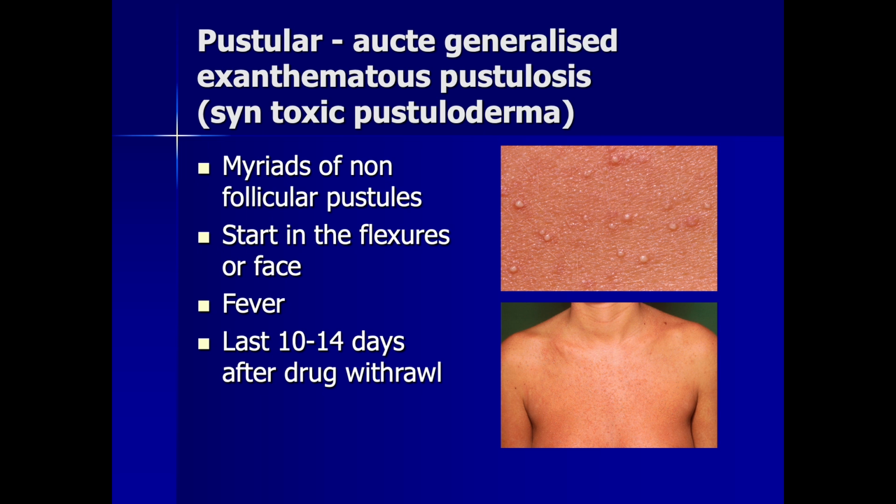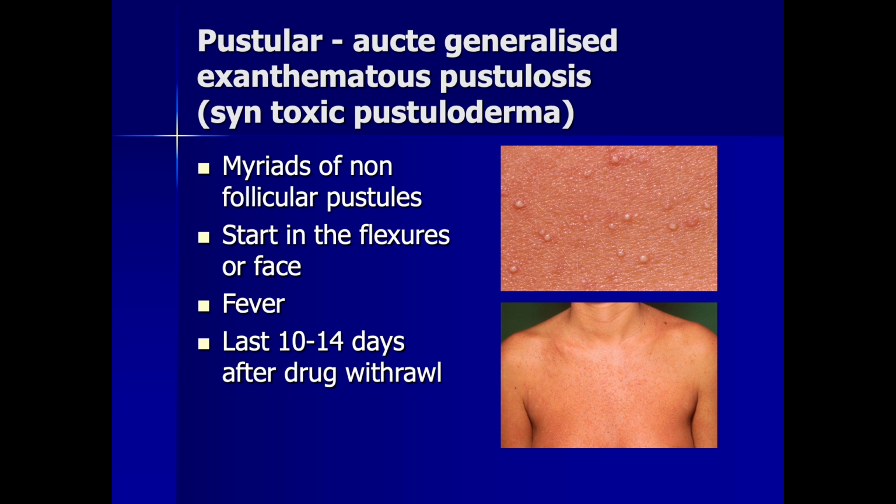Drugs can produce pustular eruptions. Perhaps the most florid is acute generalized exanthematous pustulosis. An old term was something called toxic pustuloderma. And in this situation, often within days of starting a drug, myriads of non-follicular pustules will develop, start in the flexures on the face, will spread over the body, so the whole body can be covered in these little pustules.